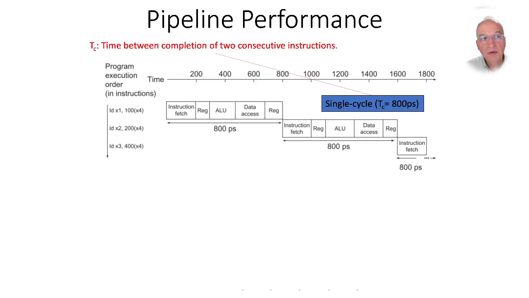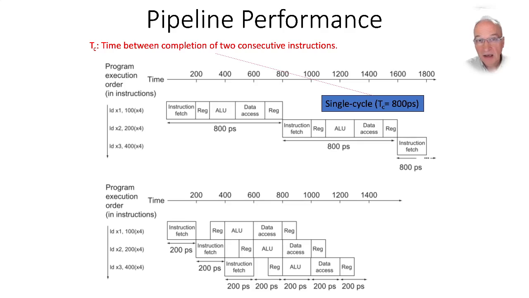So this is the time to the completion between two consecutive instructions. I will do a load, and only then I'm going to start doing the next load. I'm not pipelining.